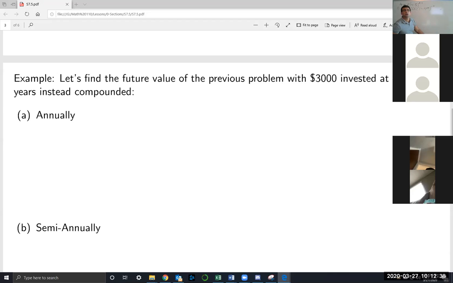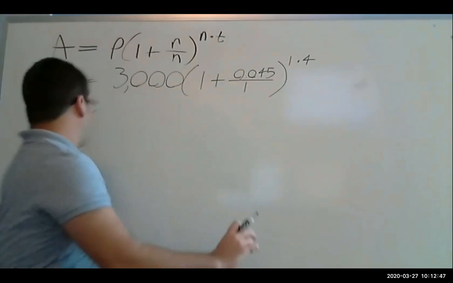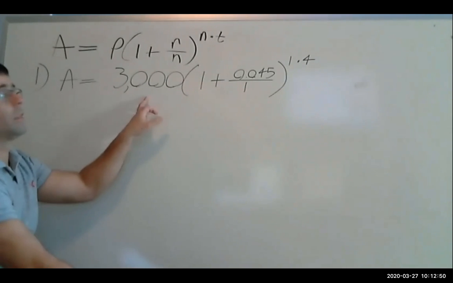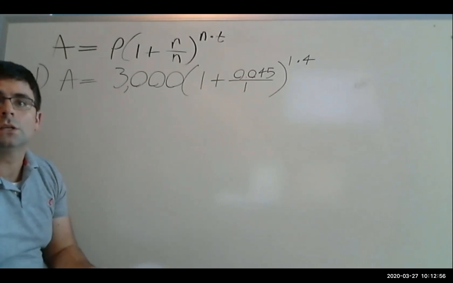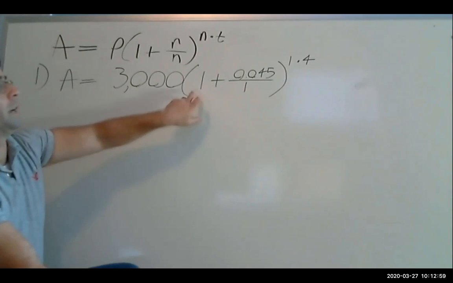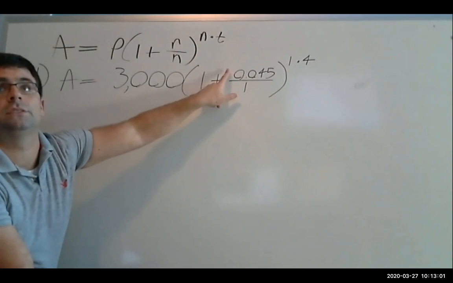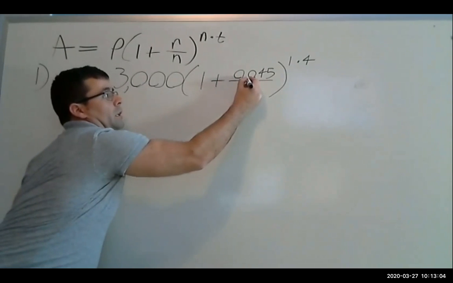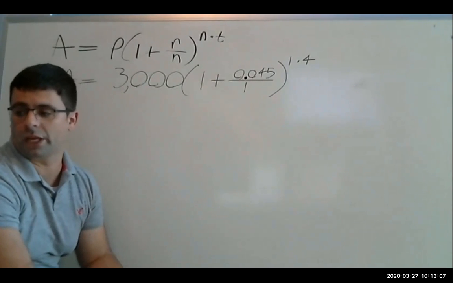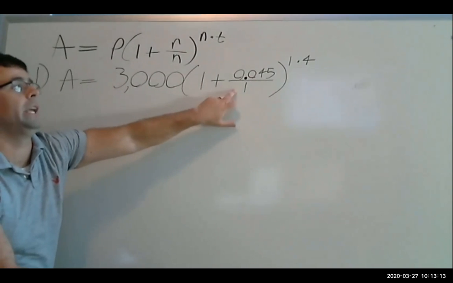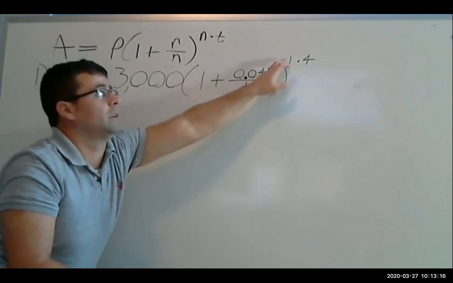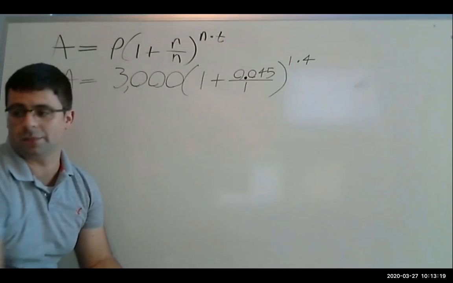All right, so our equation then looks like this. 3,000 is P. And then we have 1 plus R, which is 0.045 or 4.5%, divided by N, which is 1. And then N times T, which is 1 times 4.